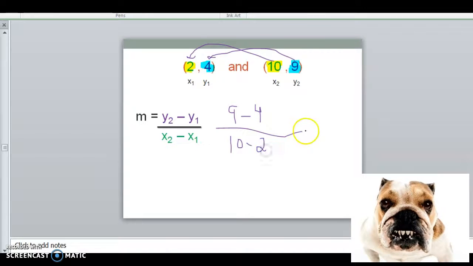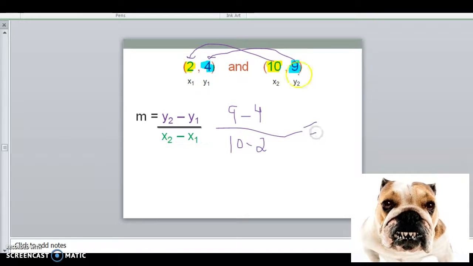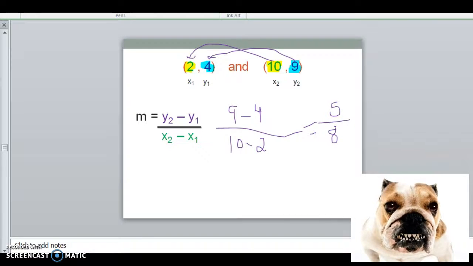And I highly recommend that you highlight these because some kids start to get confused on which ones to subtract. So always subtract your x values, which come first, then your y values, which come second. 9 minus 4 is 5. 10 minus 2 is 8. So this slope is 5 over 8.